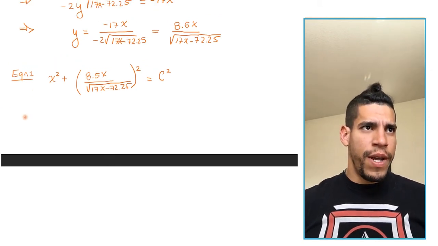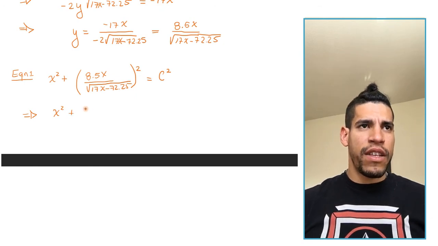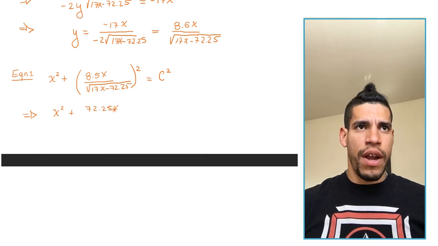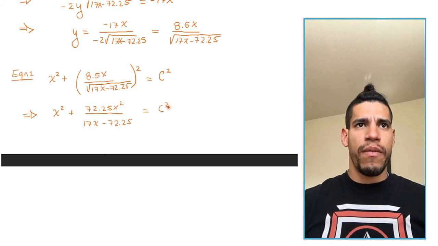So let's keep going. x squared plus 8.5x squared is 72.25x squared divided by 17x minus 72.25 equals c squared. Okay?